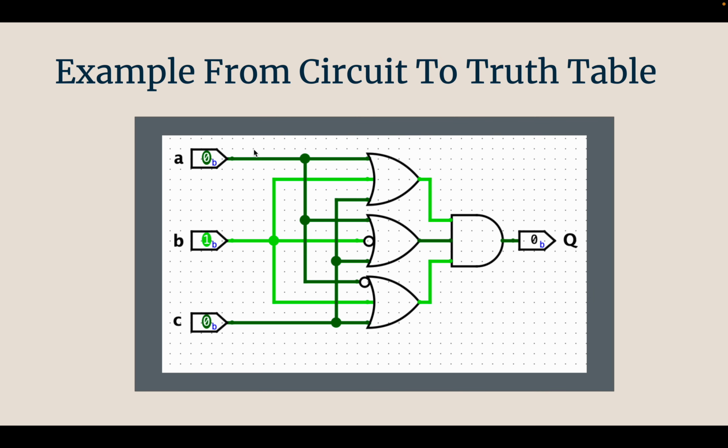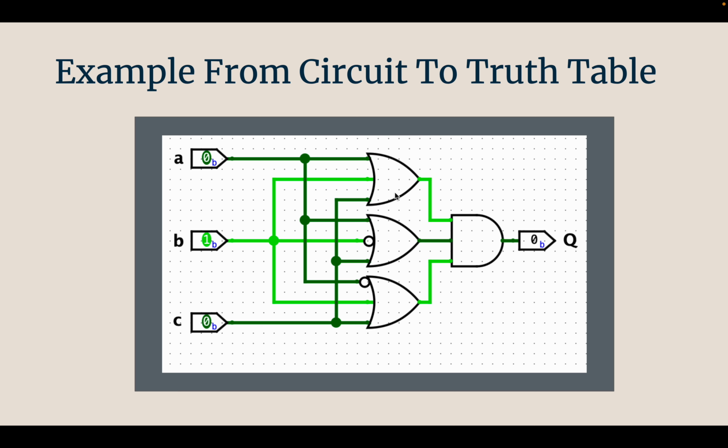I'll use an example from a circuit to a truth table, since it requires two steps to understand. We have A, B, C, and there are two ways you can do this. You can either input it in order for the truth table, or you can solve it by finding the equation for it.